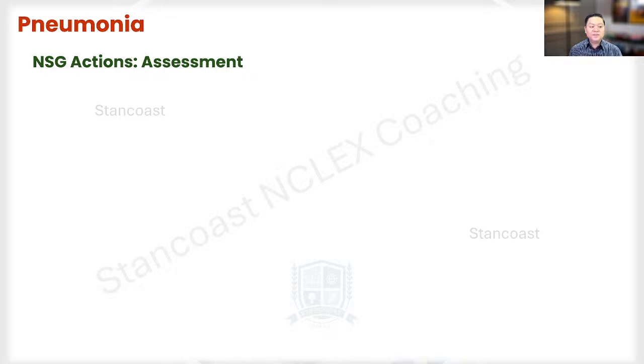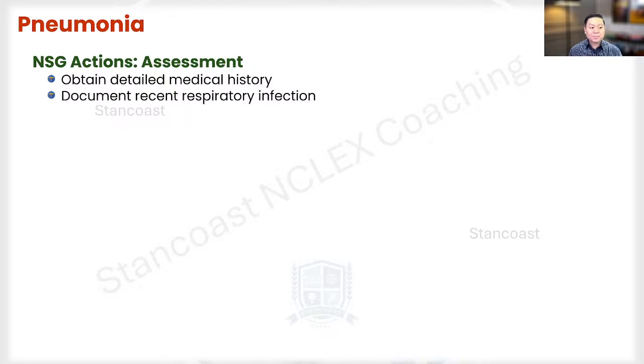So part of your care here is to really get a detailed medical history. As much as you can, gather the detailed past and present medical history, because understanding the possible causes of pneumonia and also the patient's background can really help us tailor the management and plan effectively. Now, we also need to ask the patient about what possibly caused their infection.